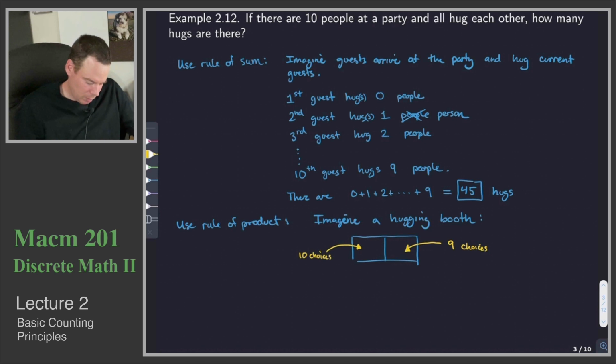And so we'll call this person A and person B having their hug, and there's 10 choices for person A, there's 9 choices for person B. And so what that means is that there are 10 times 9, because we need to fill a person in slot A and a person in slot B, so there's an and there. There's 10 ways to fill A, 9 ways to fill B, so it's 90 ways to fill the spots in the booth.